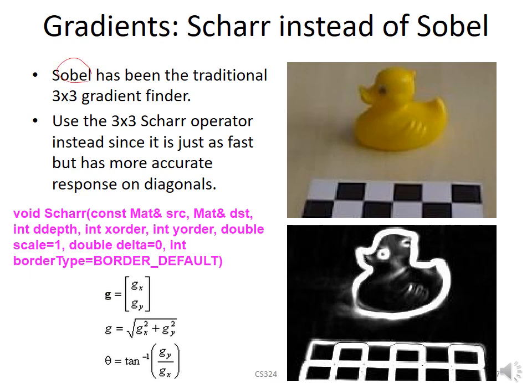Sobel was the most popular gradient finder in computer vision area, but instead OpenCV used the 3x3 Scharr operator, since it is just as fast as a Sobel, but it has a more accurate response on diagonals. So Scharr subroutine is here, and this is a result of a Scharr operator.